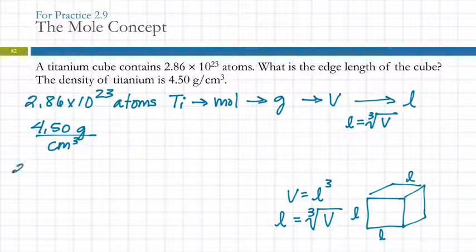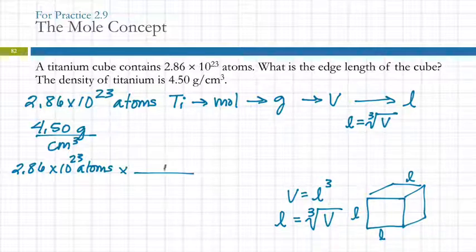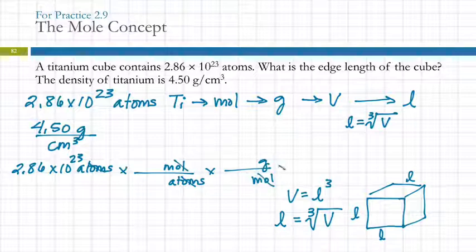So we're going to start with our number of atoms, 2.86 times 10 to the 23rd atoms. And I'm going to convert to moles. And then I'm going to convert to grams. And then I'm going to convert to cubic centimeters.